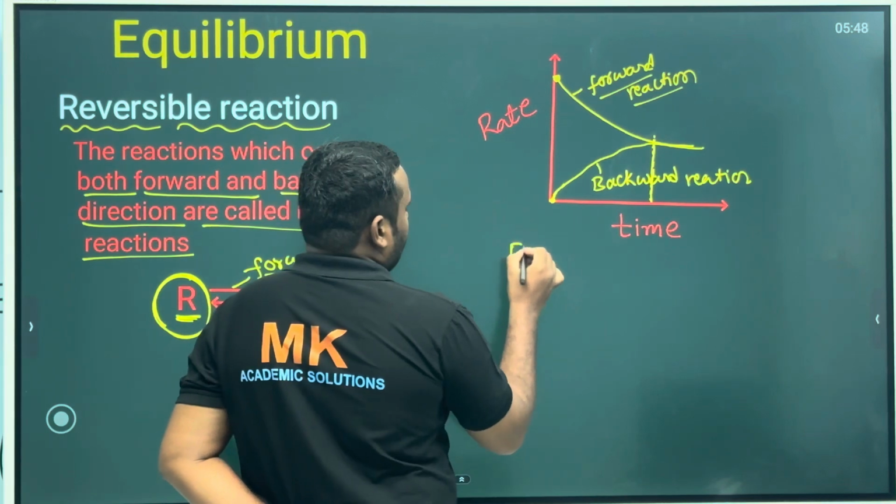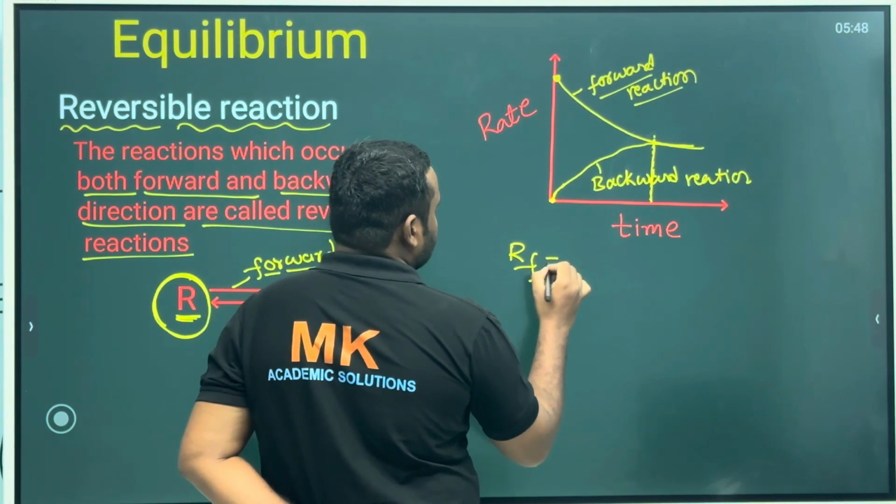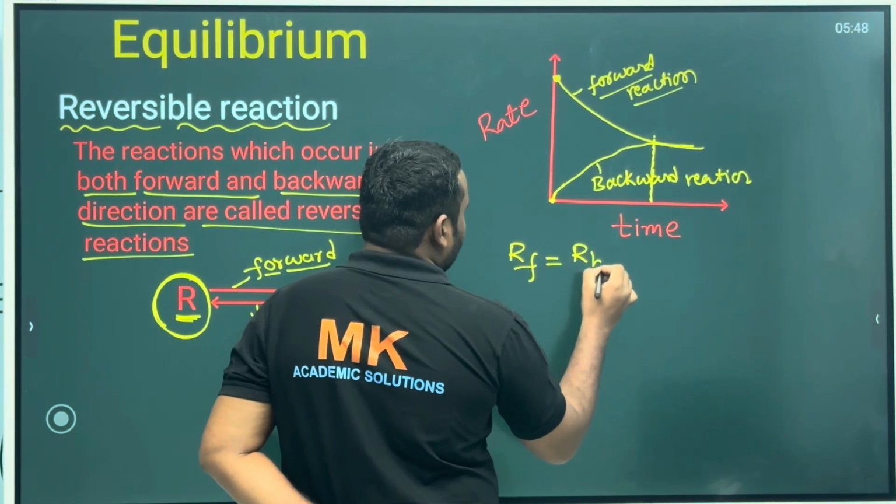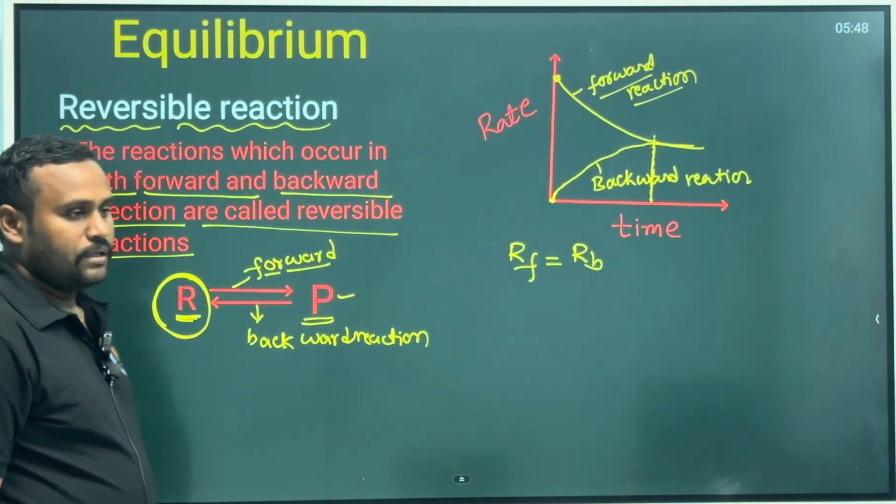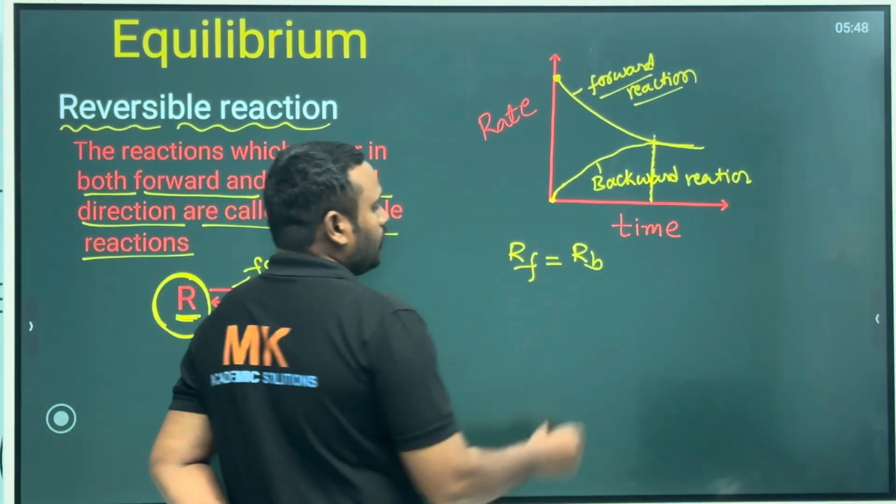So here the rate of forward reaction is equal to the rate of backward reaction. Such a condition is called equilibrium.